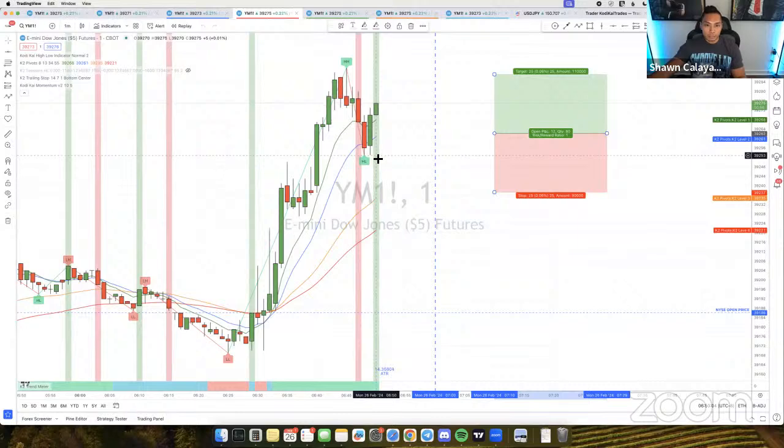There's no PRB set up yet, but this might be a breakout V3 setting up over here. Unless this comes down a little bit, rejects off the pivot, swings back up, gives us some space, comes back down, gives us another rejection and opportunity for entry.